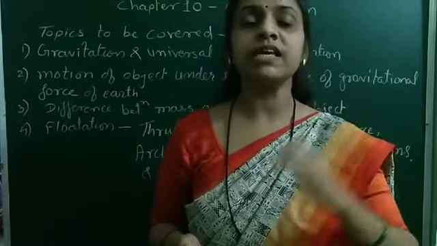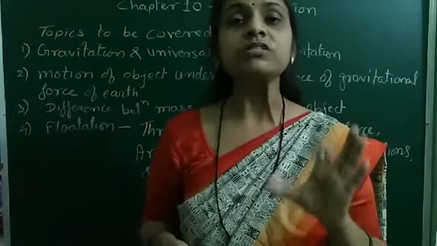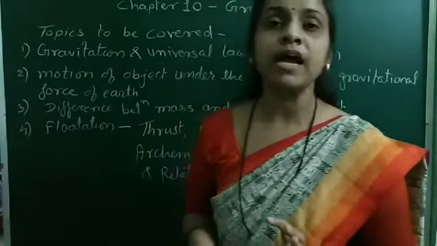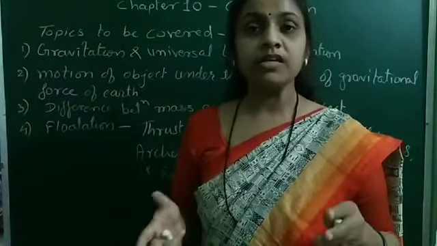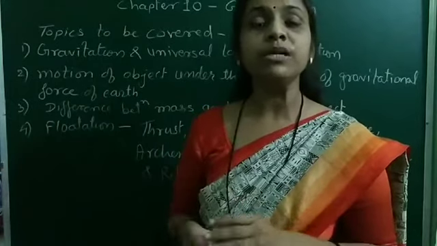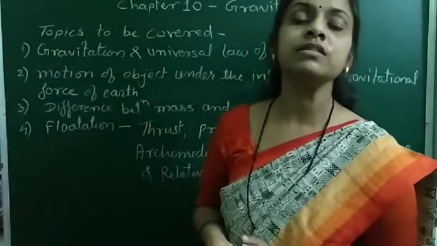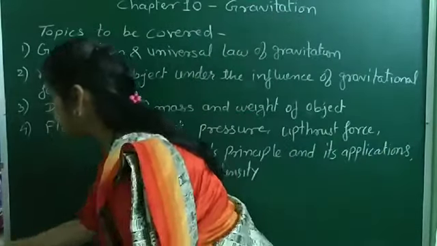So both exert force on each other, and that force is called the gravitational force. Therefore Newton concludes that in the universe there is a force of attraction between two objects, and that force of attraction is called the gravitational force. So what is gravitational force?